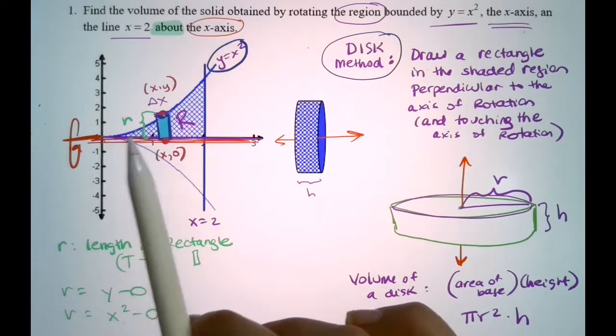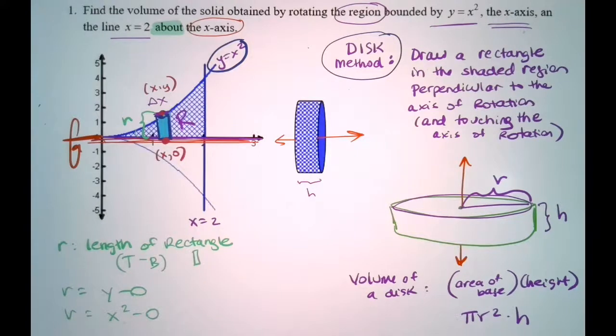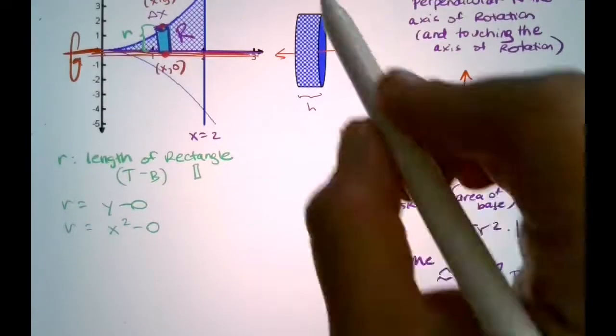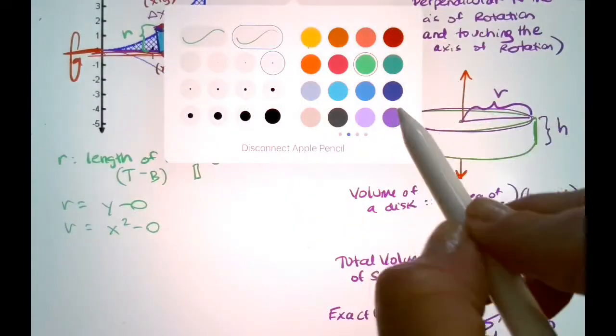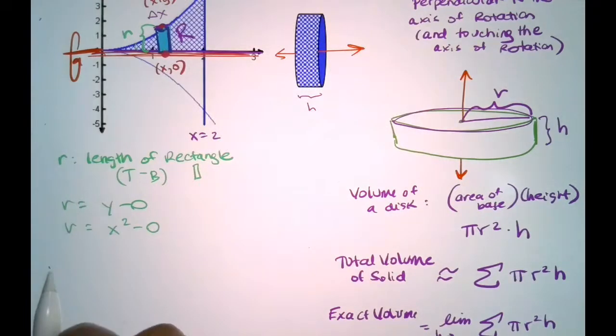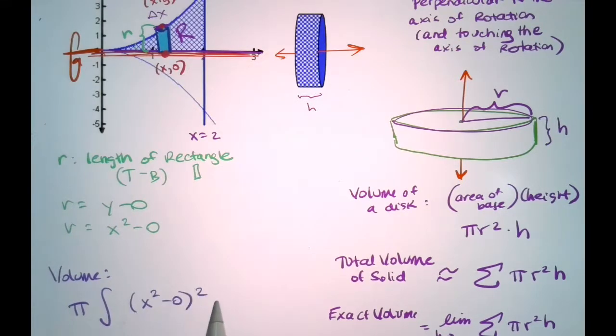Now, in this particular case, this is a dx integral, and I'm going to set up my disk method here and say, okay, I'm going to find the volume. I'm going to take the pi and move it outside. I've already got r. I've got the dx in there, and then I'm going to find my limits of integration.